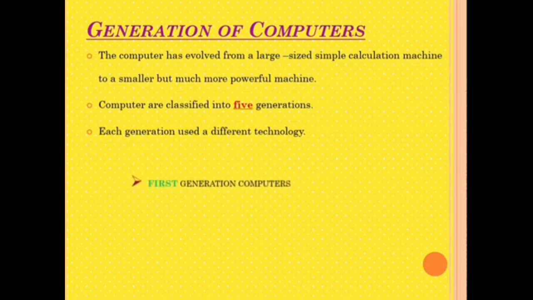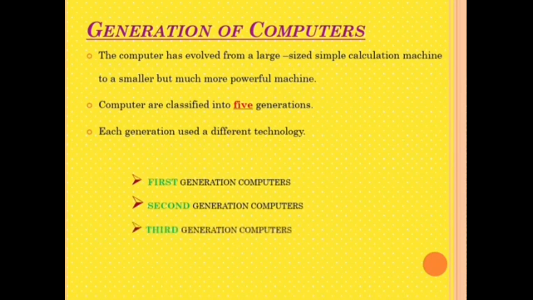The first one is the first generation computer. The second one is the second generation computer. The third one is the third generation computer. The fourth one is the fourth generation computer.